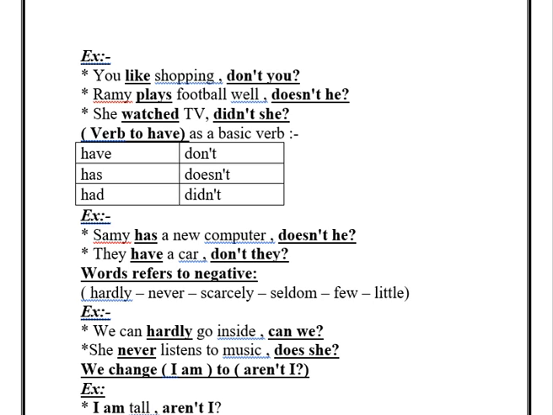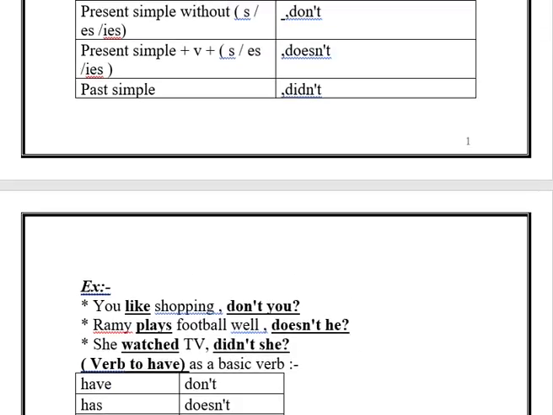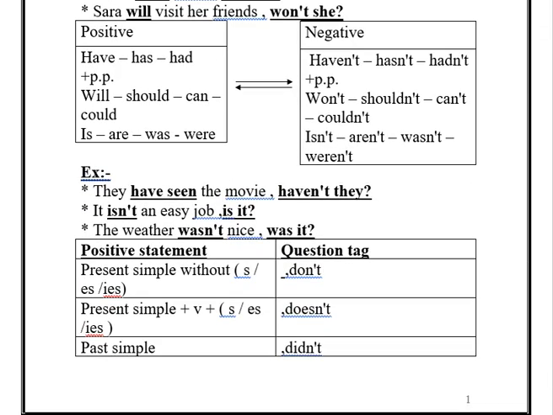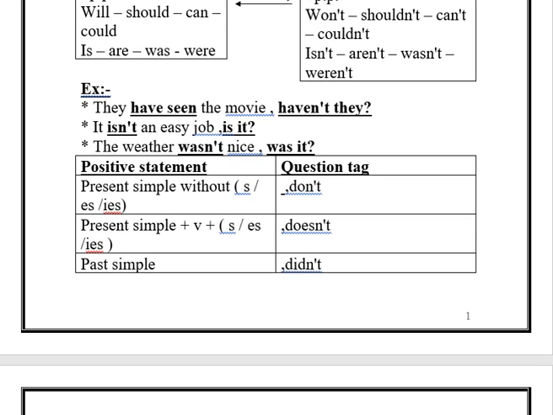I told you that we can use have only if it is followed by a verb in the past participle. Here we change it normally: have, has, had become haven't, hasn't, hadn't. But if it comes as a basic verb, like in this example, Sammy has a new computer, here has is not followed by a verb in the past participle, it's used as a basic verb. So has becomes doesn't.